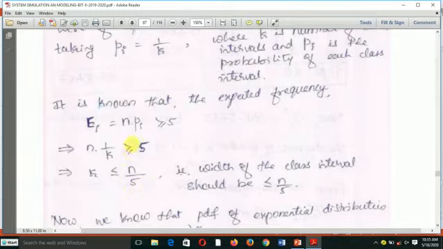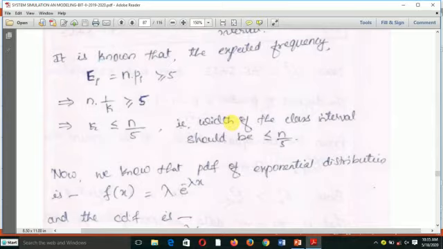So k has to be less than or equal to N divided by 5. It means the number of class intervals k must be less than or equal to N divided by 5. This is the meaning of this notation.